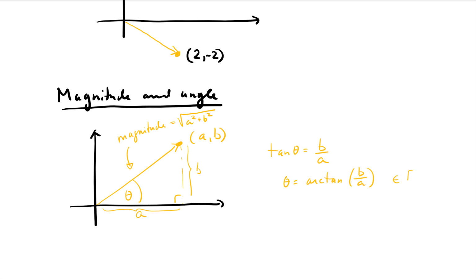This angle is going to be between minus pi over 2 and pi over 2, because it's the arctan. So you might have to adapt this.